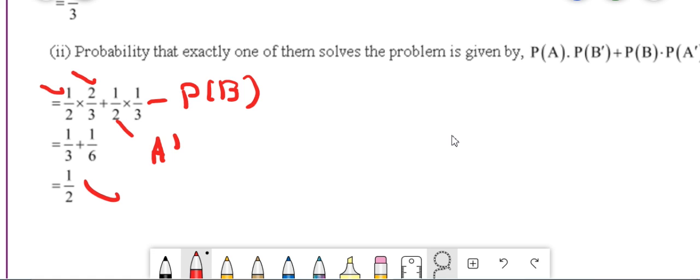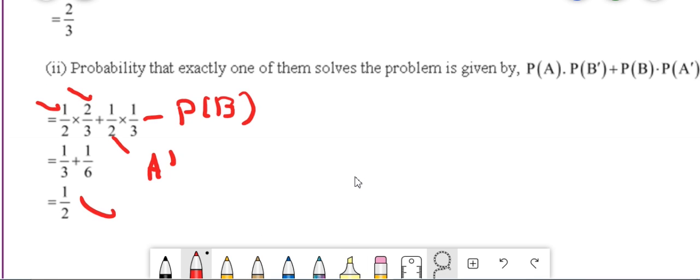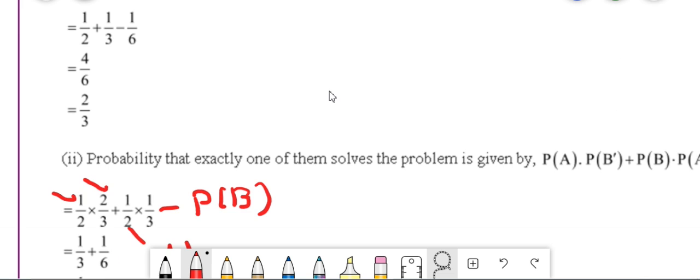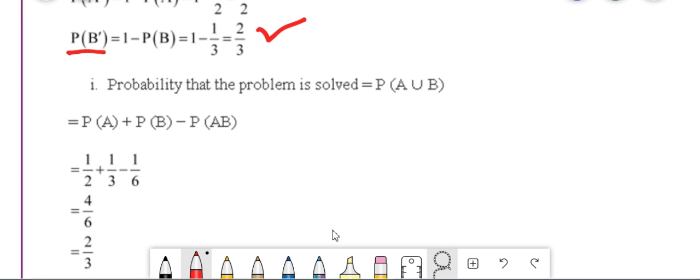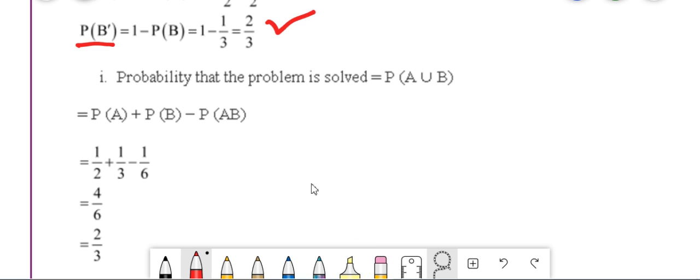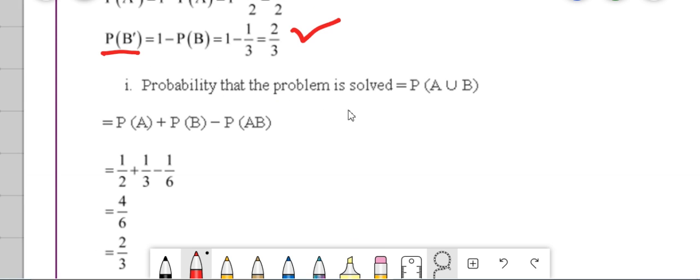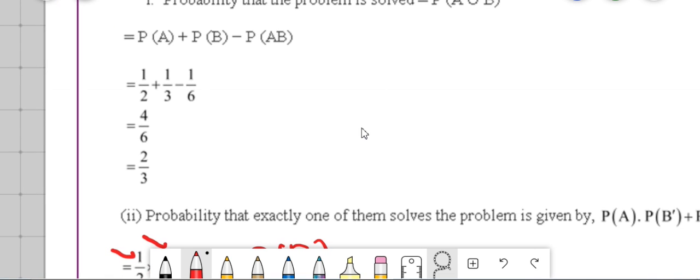Means the probability that exactly one of them solves the problem is 1 upon 2. Okay, so the probability that the problem is solved is P of A union B, and I am getting 2 by 3. So here P of A plus P of B is equal to 1 minus P of A intersection B.